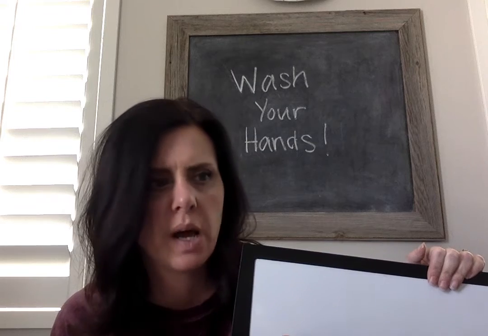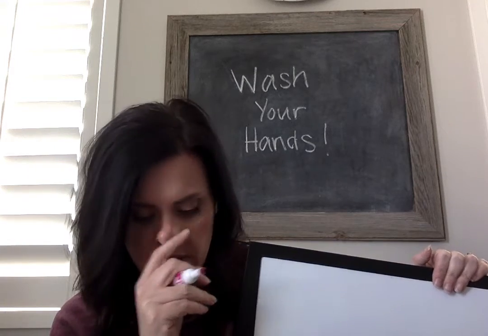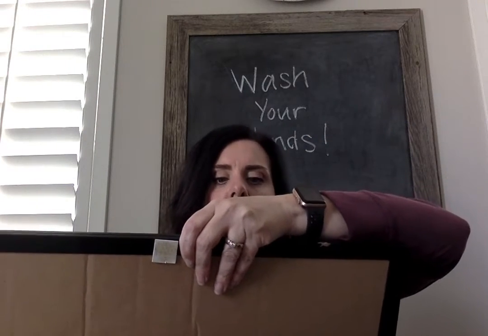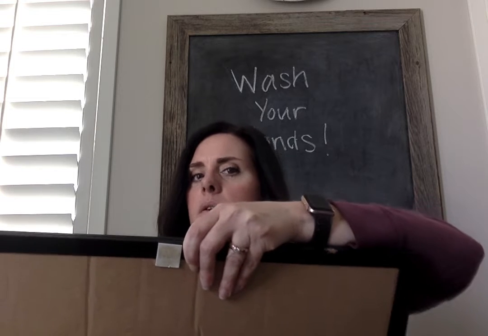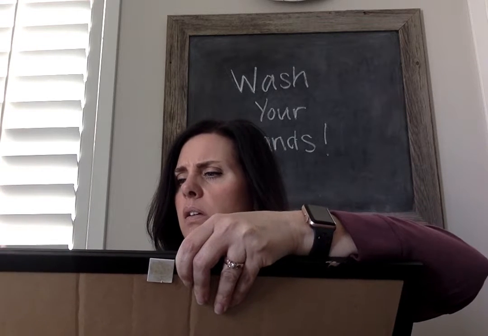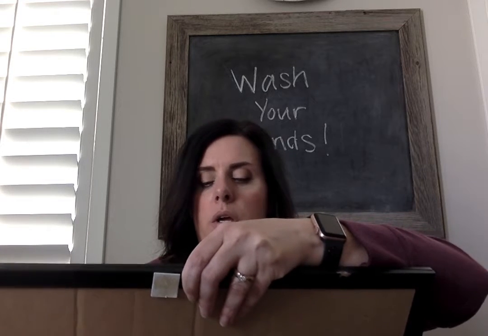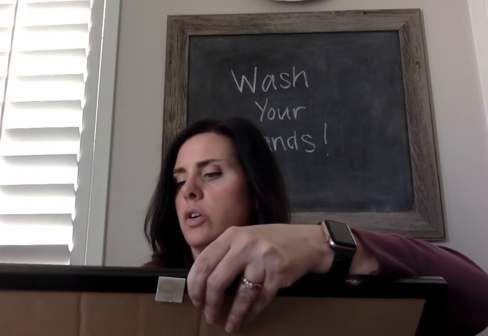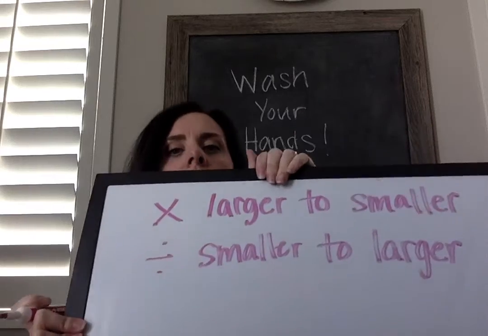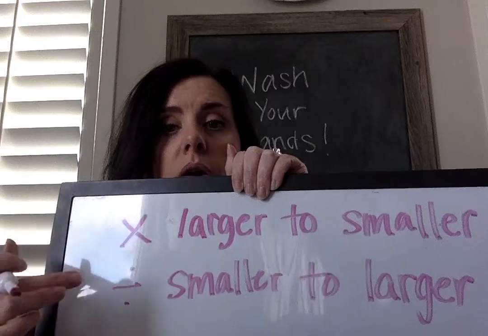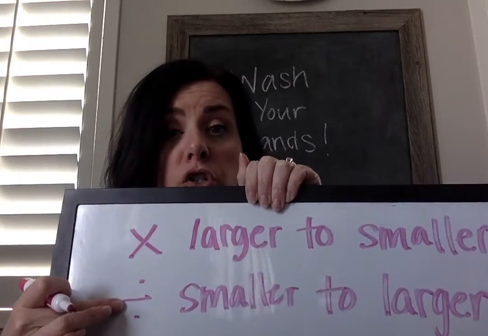I'm going to use my whiteboard to help us with our other problems. We multiply when we go larger to smaller. I'm just going to turn it because it'll be easier for me too. And then we divide when we go from smaller to larger. There we go. Okay, we multiply when we go from larger to smaller. We divide when we go from smaller to larger.